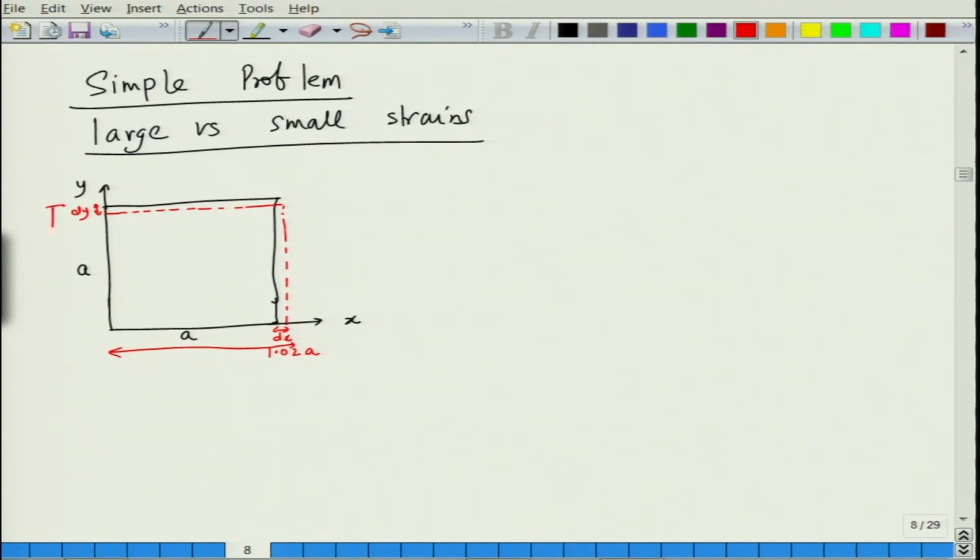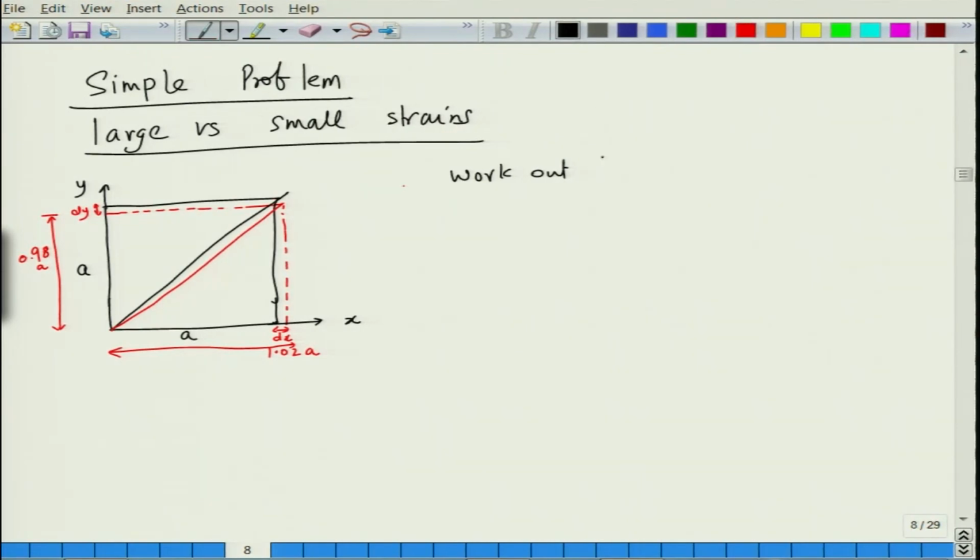and this thing becomes .98 A. So you can work out, so the thing that you have to do is that you can just look at the diagonal, let us say in this case, and diagonal in the next case.